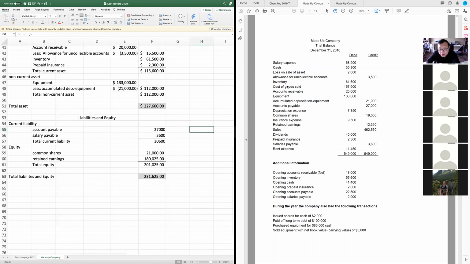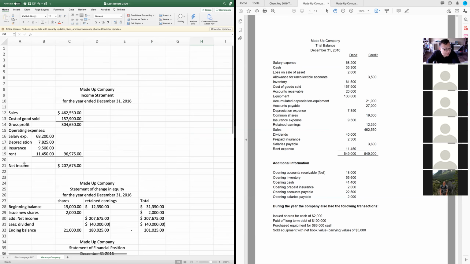Okay, so this is why. Think about this: gain or loss on sale of asset. Did we report this one? Nope, we didn't. So then we need to have that. The income from operation is this, but you also have a loss on sale of asset.